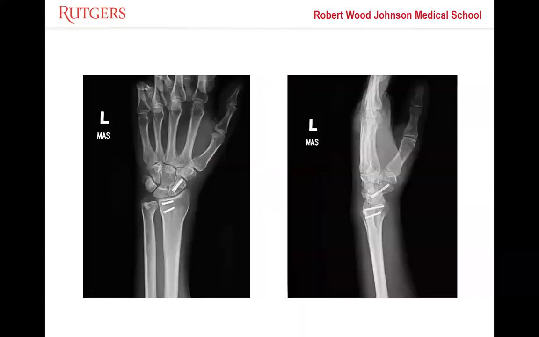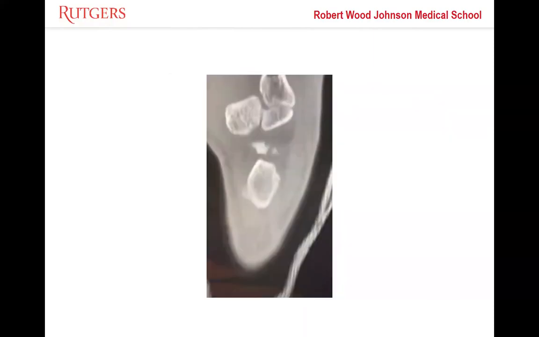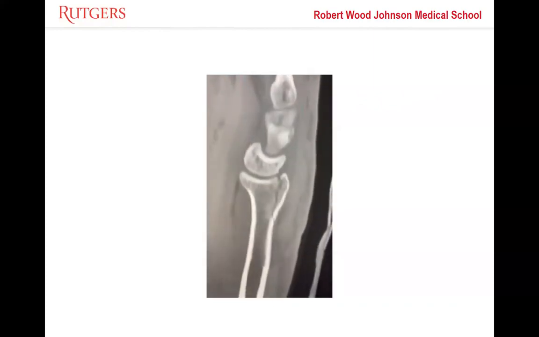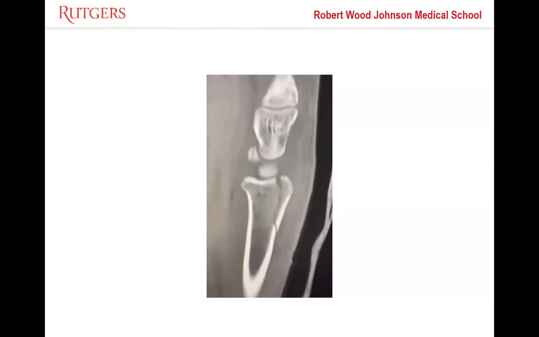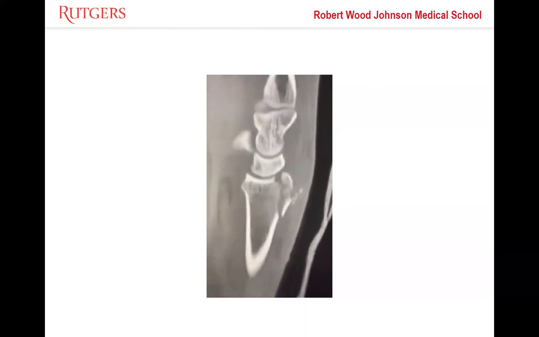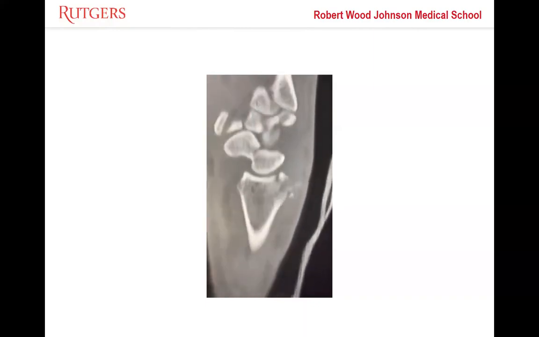Take you through. Oh, I think I just went too fast. Play that again. That shows you more what that distal radius looks like.